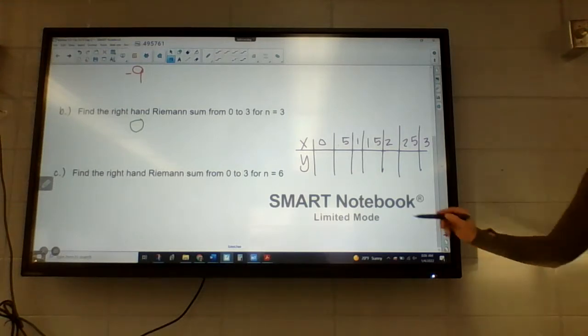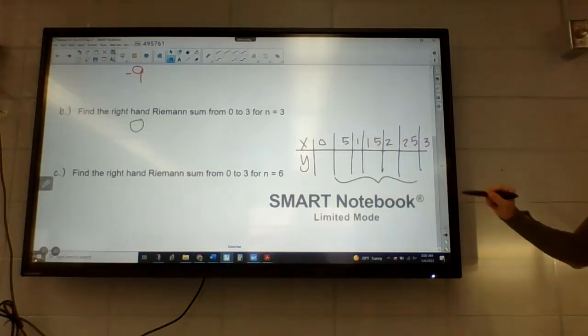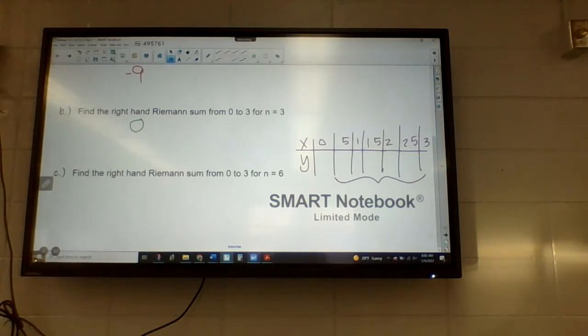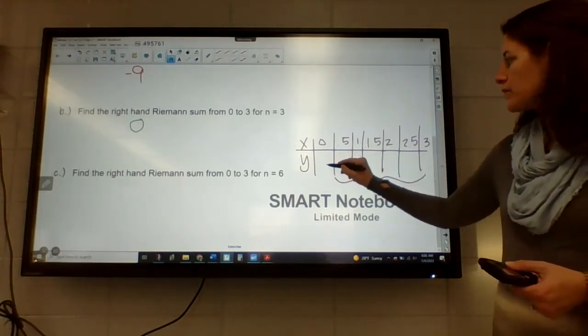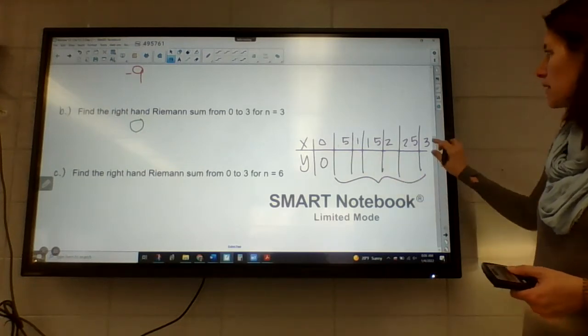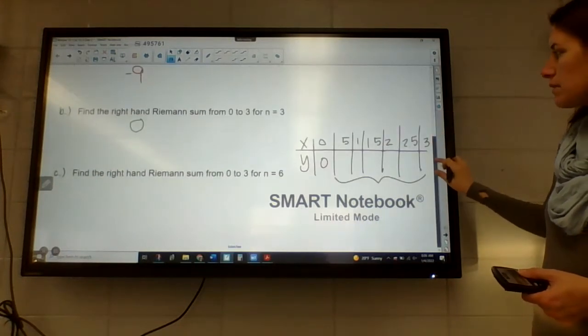And they want the right-hand Riemann sum. So over here, we still have those other values to use up here. I have to redo those.